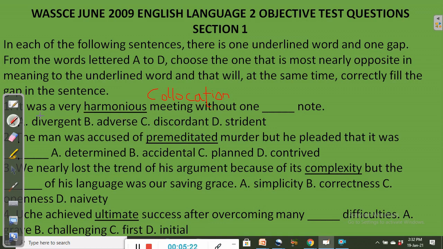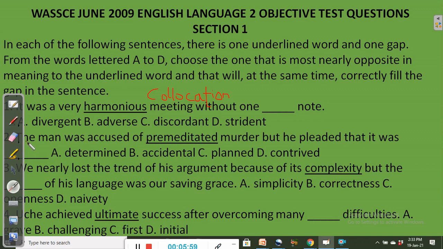So if we actually insert the word discordant here, it will read as follows: It was a very harmonious meeting without one discordant note. Again, you discover that the word discordant collocates with notes. You may sometimes hear discordant notes. All right.